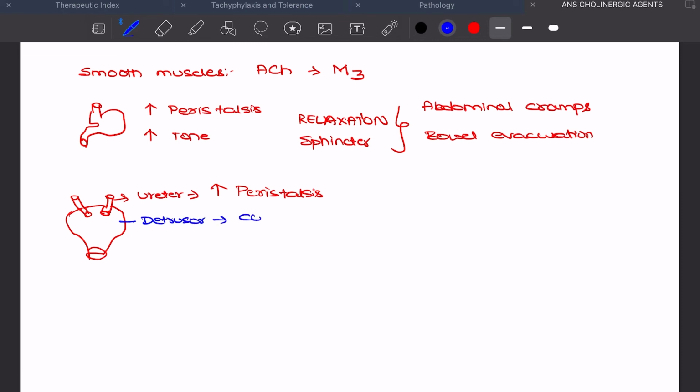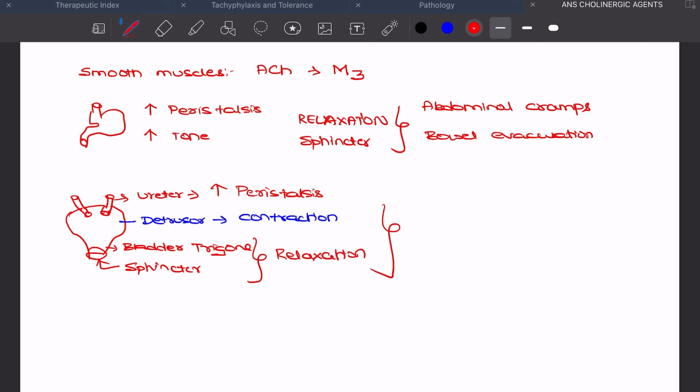This will be contracted, or contraction occurs in the detrusor, while in the bladder trigone as well as the sphincter, what happens is relaxation. So altogether this is going to help in voiding.